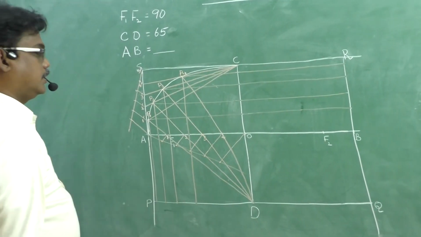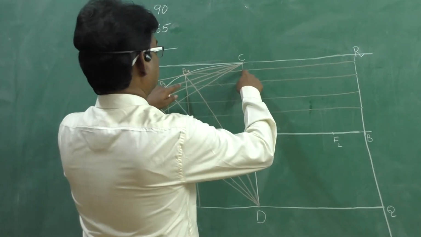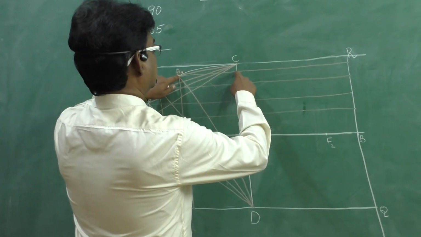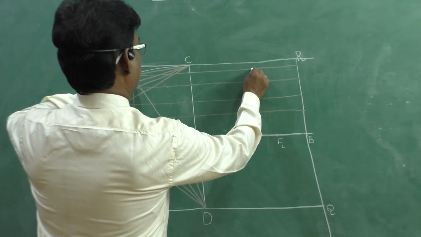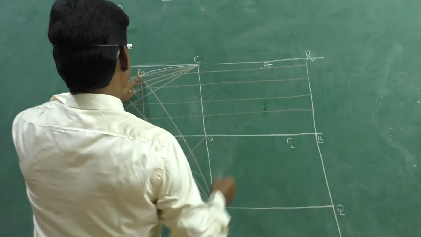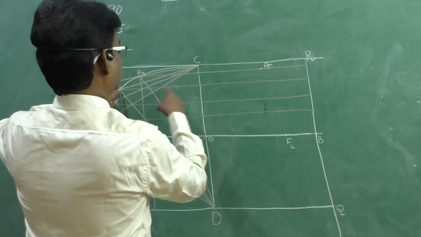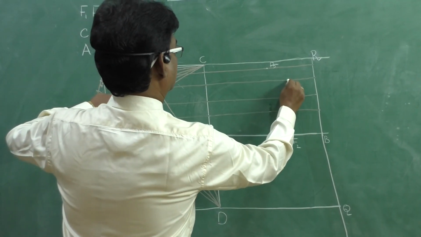Okay. Now, here to P4, whatever be the distance you observed, the same distance you need to put on the other side. Let it be P5. Okay. Next, P3, here to here, whatever be the distance you observed, that you need to locate.